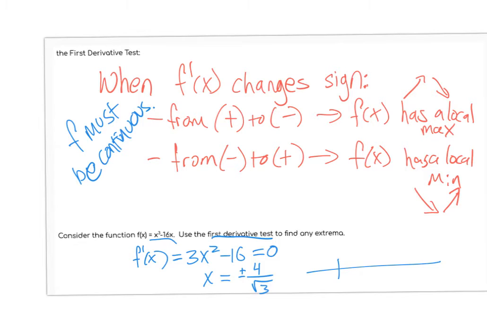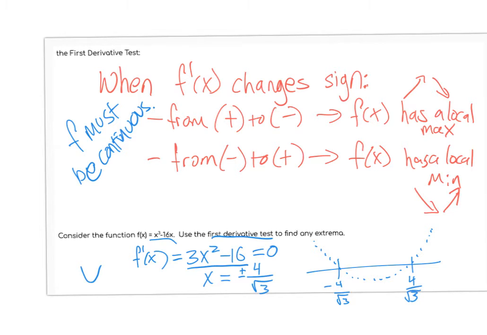One way for us to think about this is that at each of these places, so 4 over the square root of 3 on the negative side, 4 over the square root of 3 on the positive side, we have some kind of behavior going on here. And if this is a parabola with a positive a value, the graph of the derivative is going to look something like this.